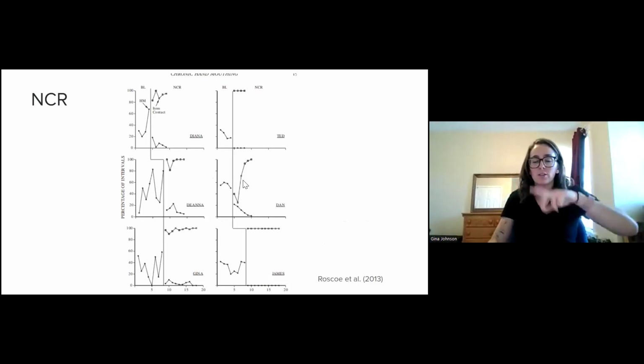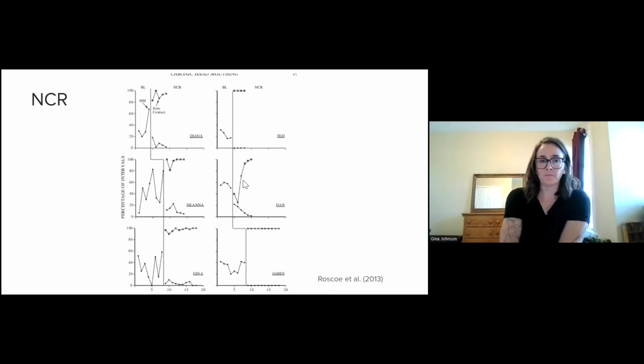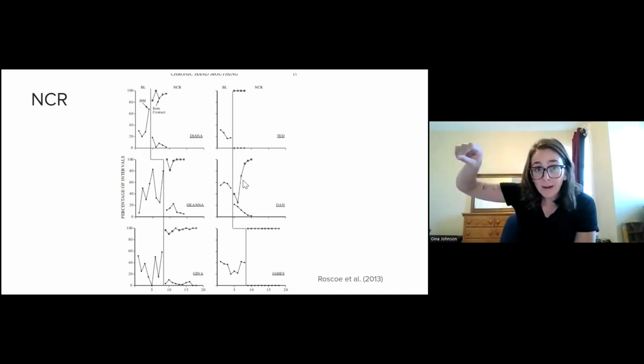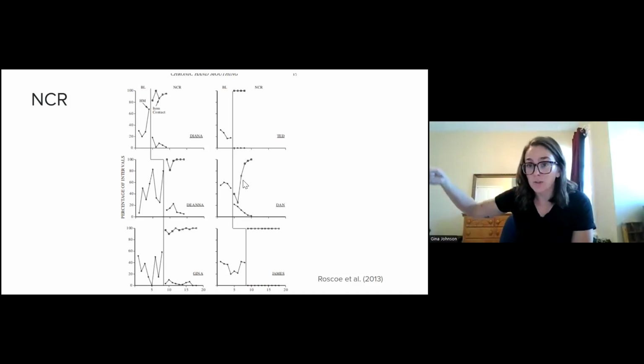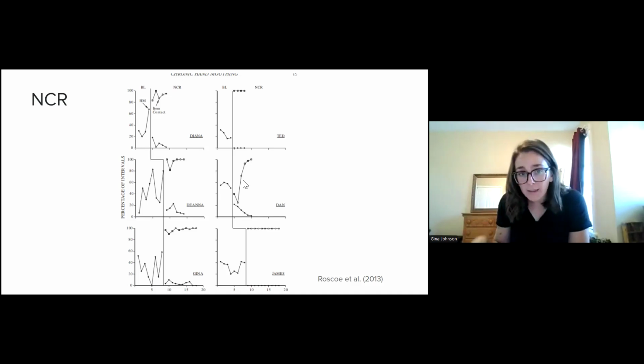You see these 6 participants here are the ones where NCR, non-contingent reinforcement, was used. So they were just given access to preferred items. A preference assessment did take place in this study, I believe. And so there you can see the top line is contact with those tangibles, with those reinforcers. And the bottom line, the solid dots, is the rate of hand mouthing.